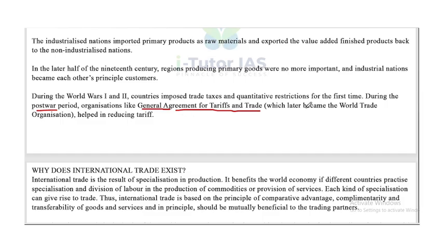This GATT later changed into the World Trade Organization, WTO.